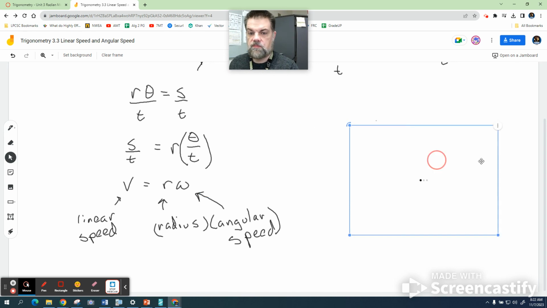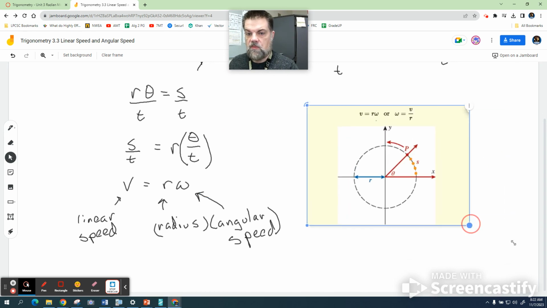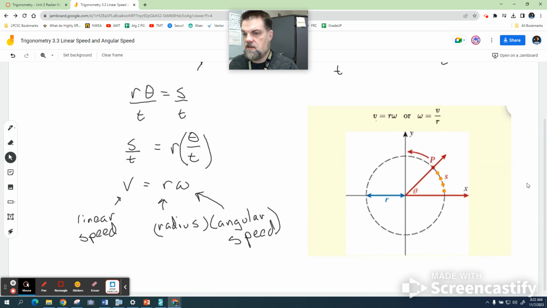So what's going on here is that as we rotate this way, we have a change in the angle theta. That change in the angle theta over time is my angular speed.